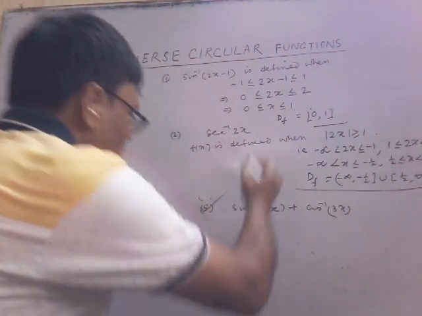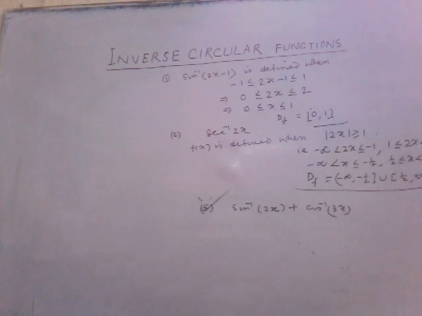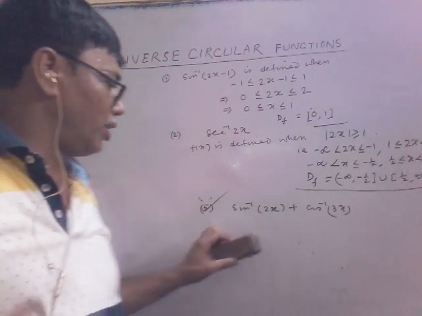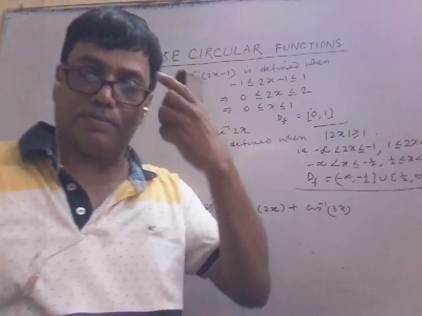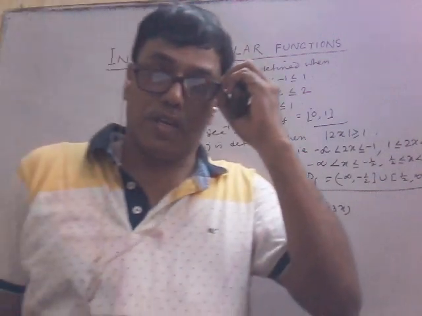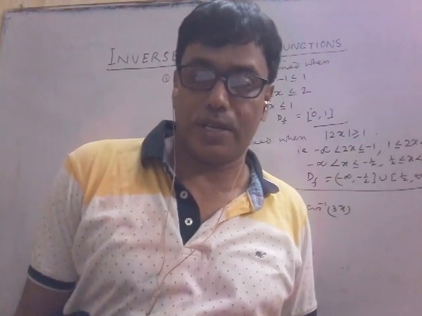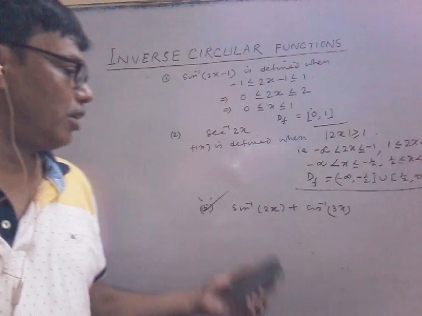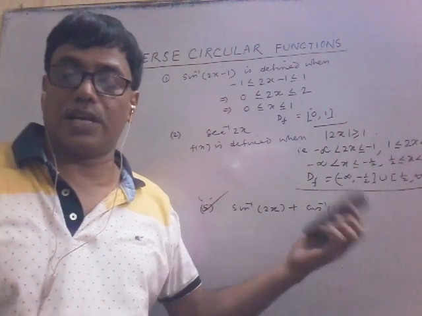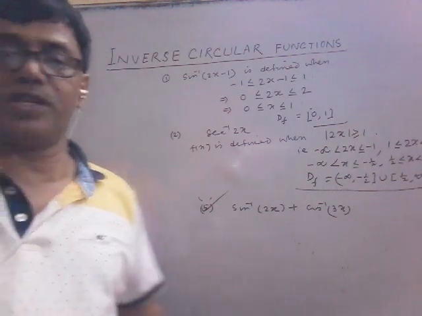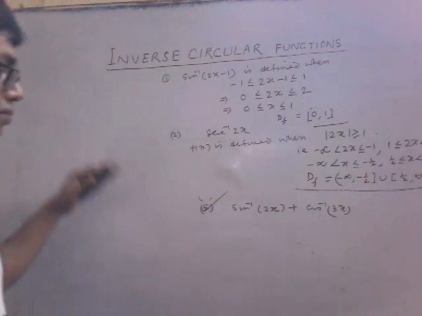Now problem number 5. Now it is the sum of two functions. You know, the domain of the sum or difference of two functions is the common region of the two functions.